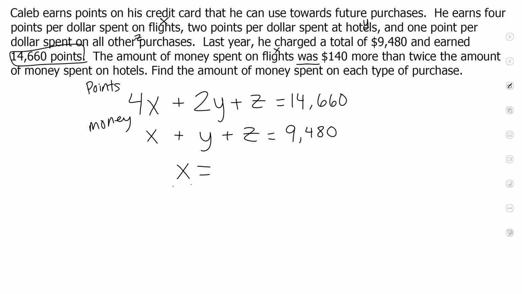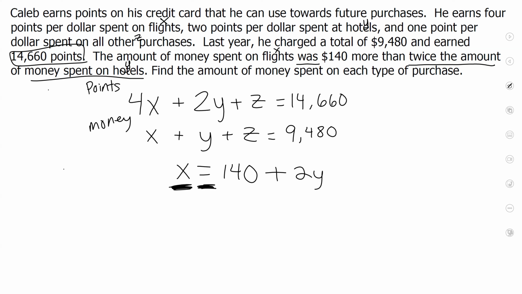So we have the amount of money spent on flights was $140 more than twice the amount of money spent on hotels. Hotels is represented by Y. I want twice the amount of money spent on hotels. What should I put? 2Y. So that is your third equation. Just go through the sentence and write the corresponding mathematic symbol, okay? So those are my 3 equations.